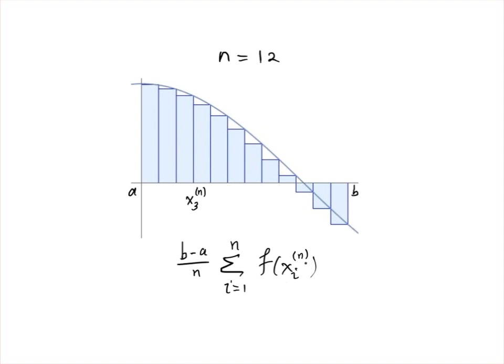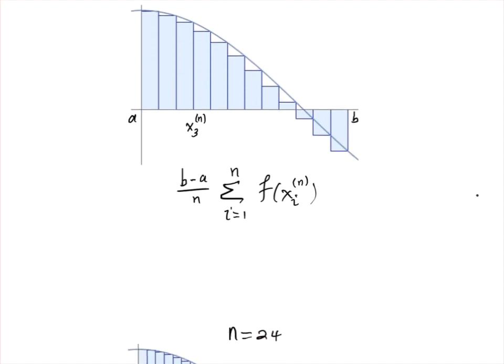That's just a matter of making this make more mathematical sense. So this is how we represent the sum of the areas of these rectangles using sigma notation, and we call it a Riemann sum.